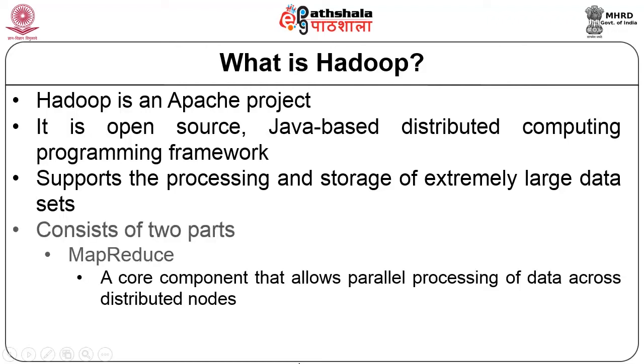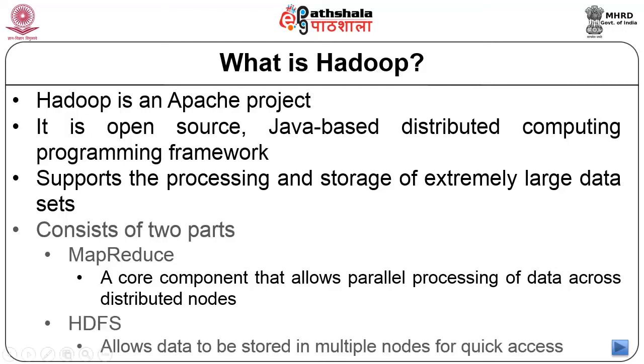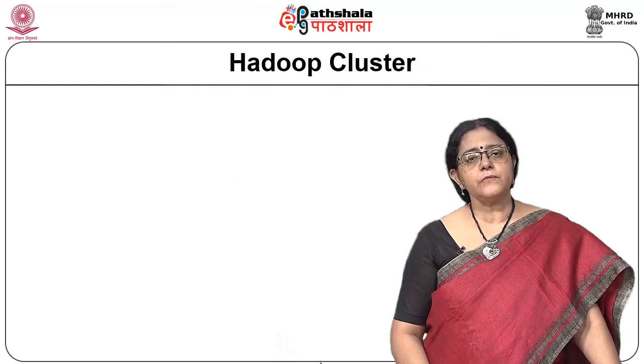One is MapReduce, which is the parallel processing on many commodity hardware, and the other part is HDFS, the Hadoop Distributed File System, which will store the data, hold the data for MapReduce to continue.